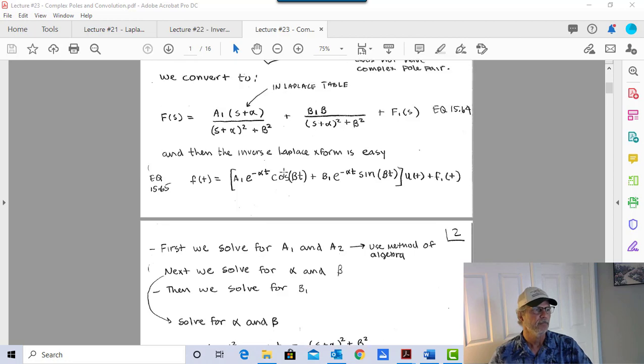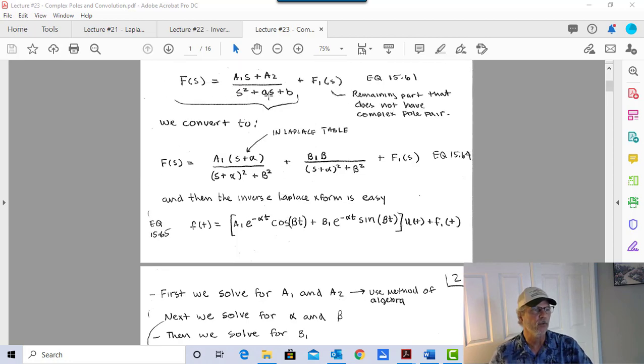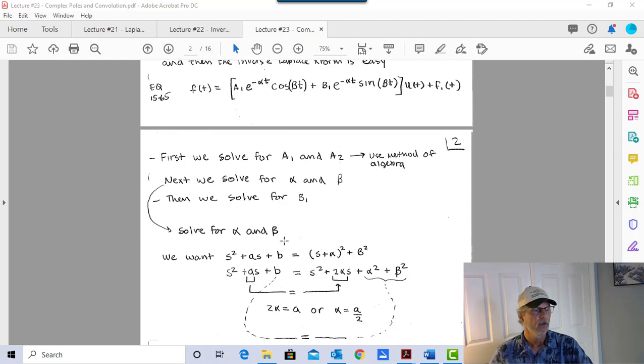Here's the deal. I know I've got an s squared plus as plus b, and I want to make it look like (s plus alpha) quantity squared plus beta squared. So I've got s squared plus as plus b equals (s plus alpha) quantity squared plus beta squared.